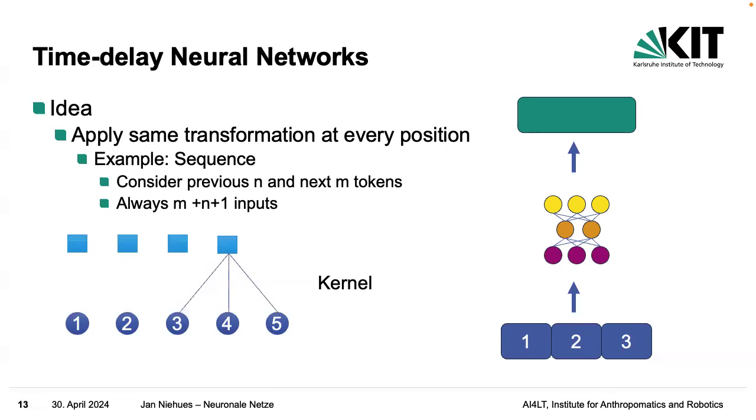When you now think of the kernel, there are some hyperparameters, of course. So this is the general idea. You can apply the same network at each position, and then you can detect shift invariance. It doesn't really matter where your word home stands. At some point, your word home will be in the middle, and you'll generate a representation for that.